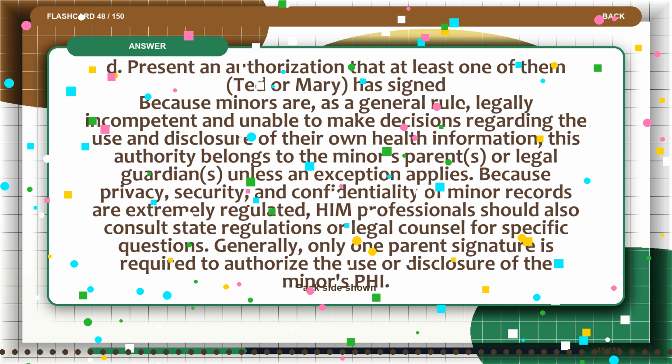Because privacy, security, and confidentiality of minor records are extremely regulated, professionals should also consult state regulations or legal counsel for specific questions. Generally, only one parent's signature is required to authorize the use or disclosure of the minor's PHI.